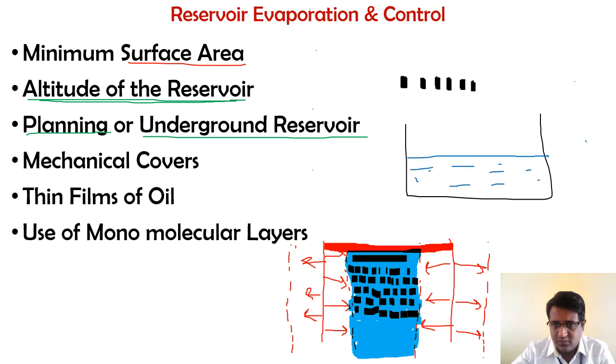What you can do is add a type of oil which is inert with respect to other aspects, and if a thin layer of oil is spread over this water, then obviously the contact between the sunlight and the water will reduce. In turn, this oil will create a layer intermediating between the water and the sunlight, because of which the evaporation rate is going to get reduced.